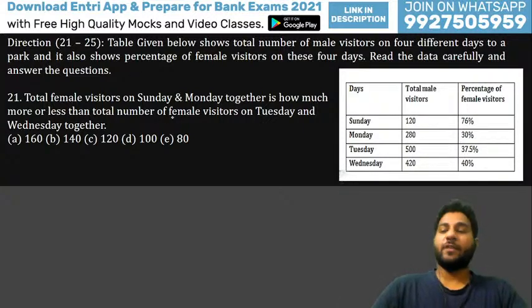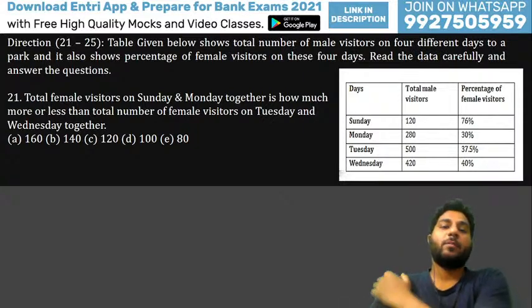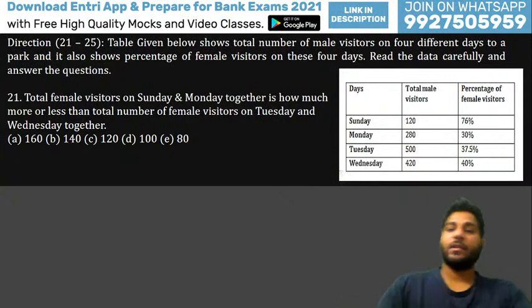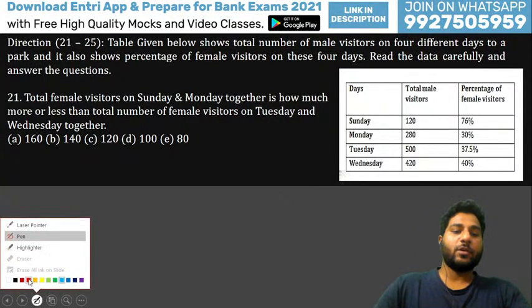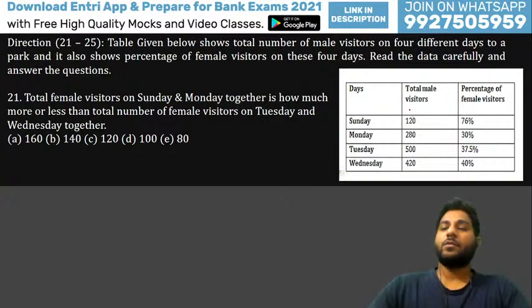First you need to figure out the data, the whole data. Look at this. The table below shows the number of male visitors on 4 different days, and it also shows the percentage of female visitors. So how are you going to solve this? Let me give you a very clear idea. Total male visitors were, so let's find out the female visitors, and then you can write the total visitors.